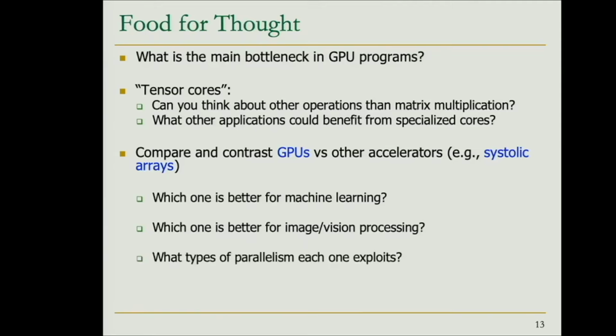And what type of parallelism does each one exploit? You already know what type of parallelism GPUs exploit, right? Recall that we have SIMD, and inside the SIMD paradigm, they have a kind of vector processing, but also array processing. But we also talked about fine-grained multithreading, right? Recall that I had a few slides the other day to briefly introduce fine-grained multithreading.